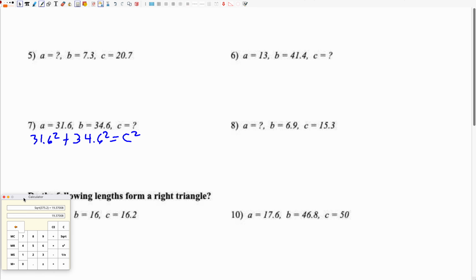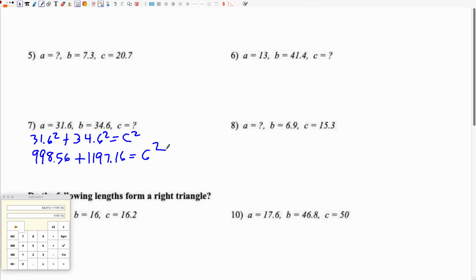All right, so 31.6 squared, 998.56, plus 34.6 squared, 1197.16, equals C squared.